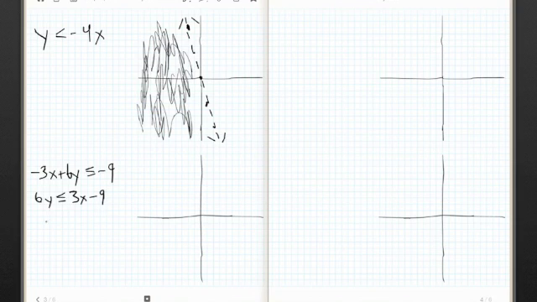We move the 3x over, and now we're going to divide everything by 6. So here we have a fractional y-intercept, negative 3 over 2. So instead of going up 1 over 2, we're going to go up 1/2 over 1 to get back on the grid line.